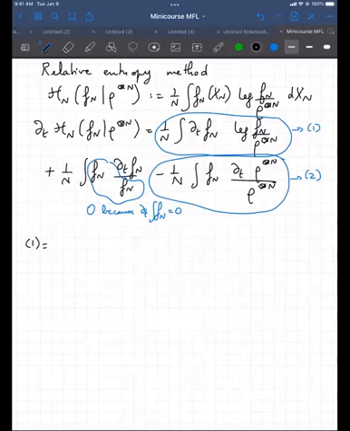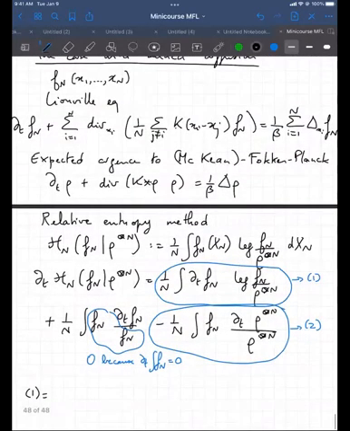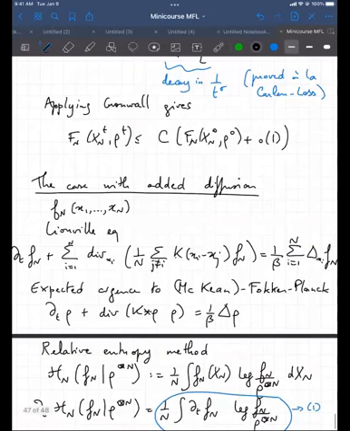For 1, we're just going to input the Liouville equation. We have an exact formula for dt Fn, so we're going to input the equation.